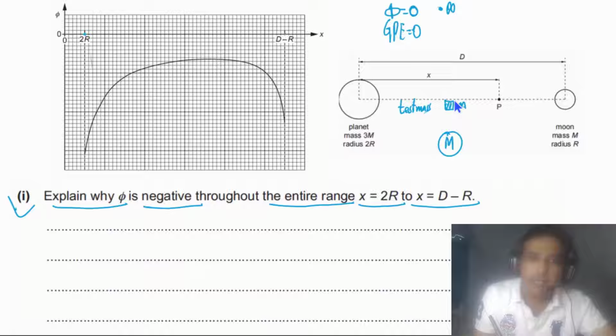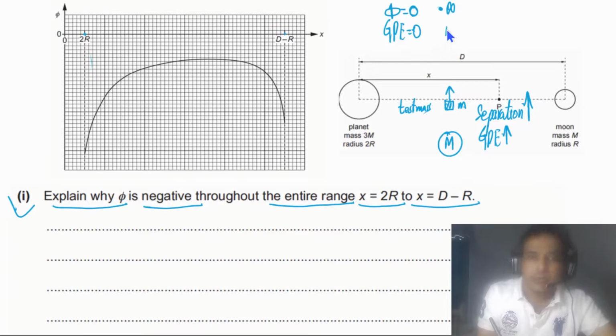Now imagine that we move this mass up. Is the separation between these two objects increasing or decreasing? You need to understand in terms of separation. As separation is increasing between these two masses, I hope you will say GPE is also increasing.